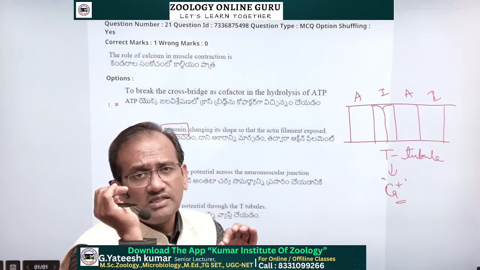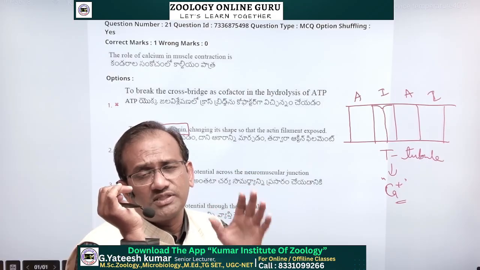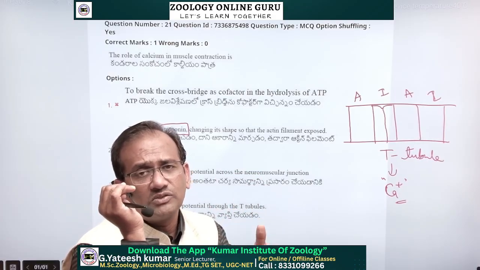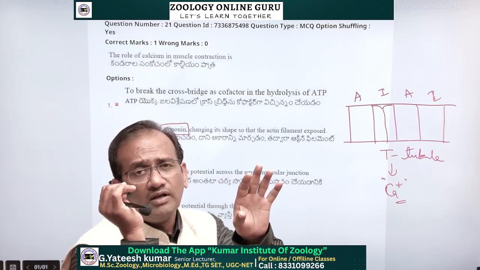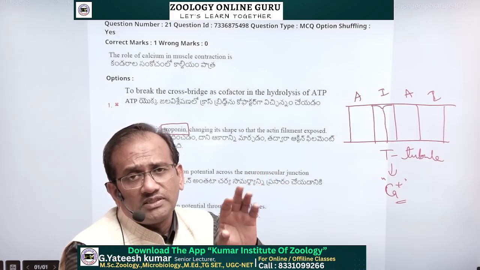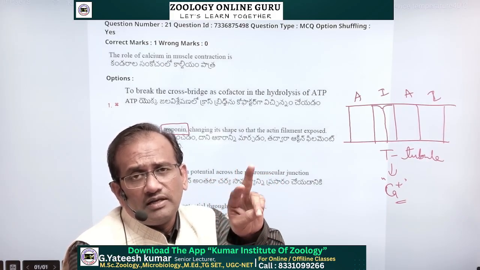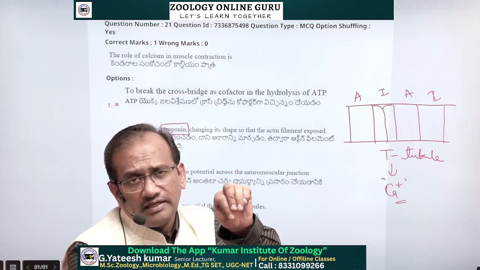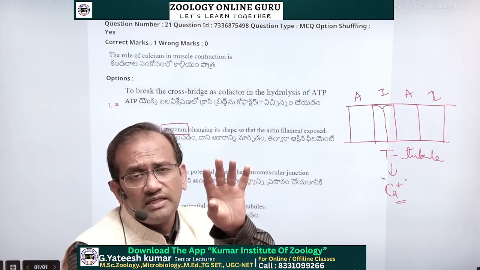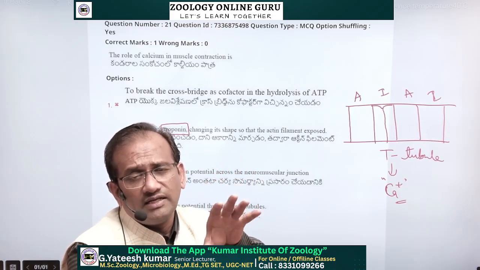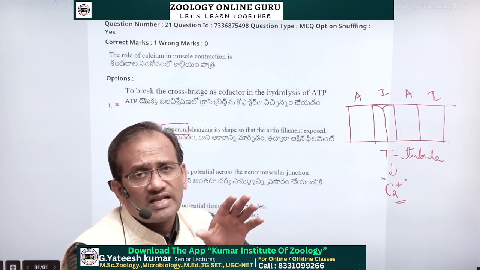Releasing the calcium ions is the first step. Three sites are there: TNI, TNC, TNT. Troponin C is called the TNC site, C for the calcium binding site.